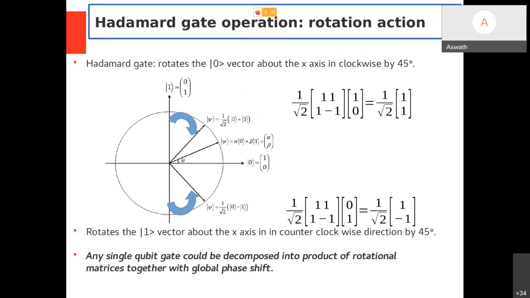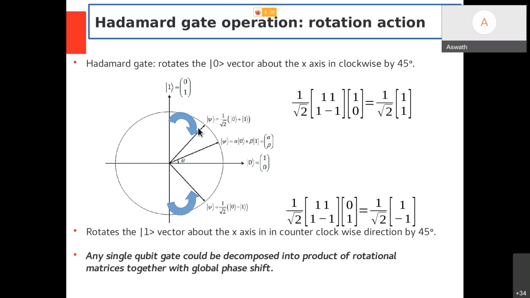Fine. There is another way of representing the Hadamard gate operation. If I take the ground state along the x-axis and the excited state along the y-axis on a two-dimensional surface, and draw a unit circle, and a given atom is along the excited state, if I act a Hadamard gate, this vector is slightly leaned towards the zero state.